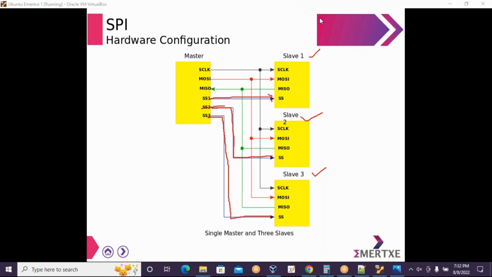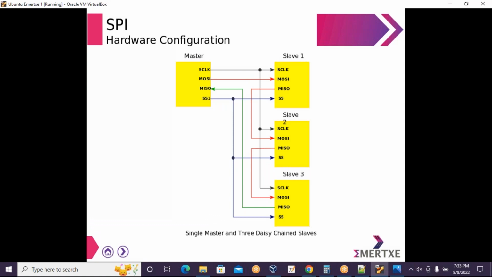Now, due to this disadvantage of single master multiple slave, guys, remember there is another configuration, and the other configuration is nothing but the daisy chain configuration. If you can notice, this is again the same type: a single master is used to communicate with multiple slaves, but the configuration here is the daisy chain configuration.